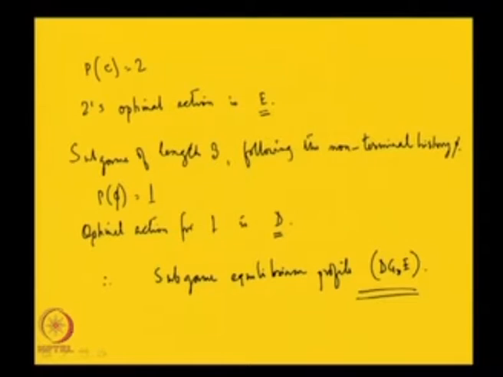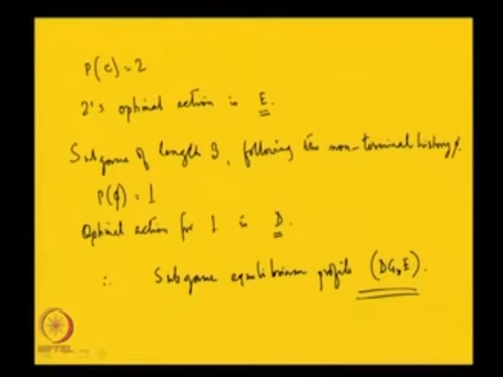Player 1 is saying that after the history phi I am going to play D, and if CE is the history, then I am going to play G. And player 2 is saying that if you play C, I will play E. This is the only subgame perfect equilibrium in this game.